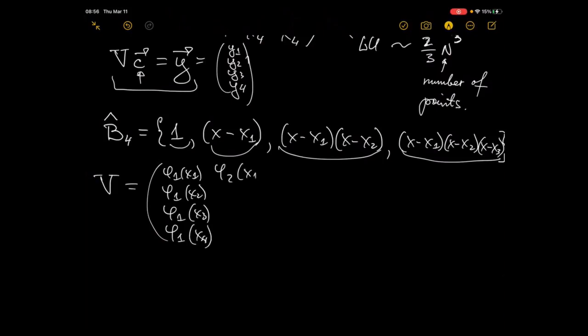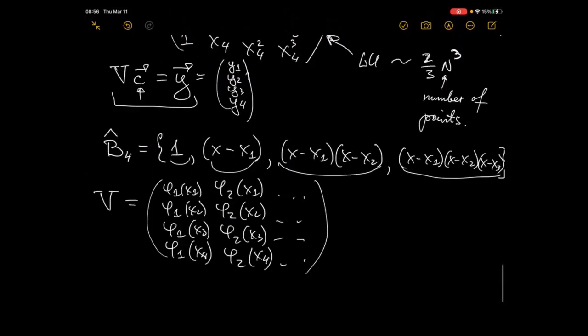Phi2 x1, phi2 x2, phi2 x3, phi2 x4, and so on, right? For phi3 and phi4. So this is our phi1, this is our phi2, phi3, phi4, corresponding basis functions.